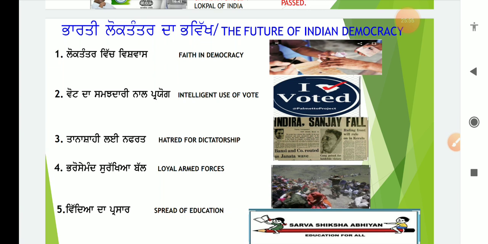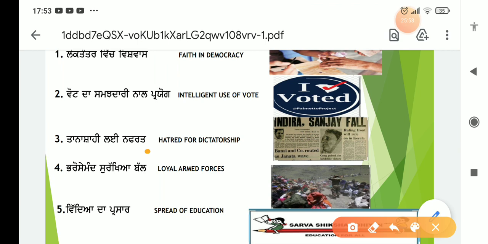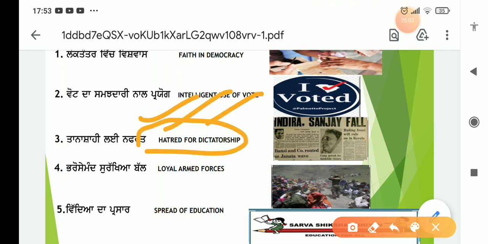Then hatred for dictatorship. People should develop hatred for dictatorship. If anybody is a dictator, then they should be thrown out in the next election, as people did to the Congress government in 1977. For 2 years there was an emergency, but in the election in 1977, the Congress party was thrown out of power.